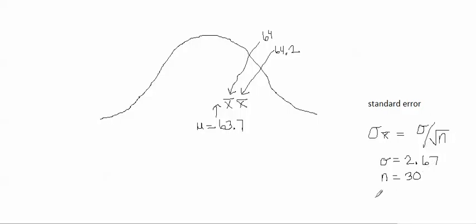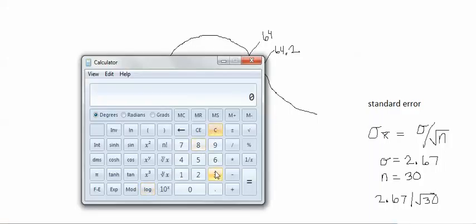So it's 2.67 over the square root of 30. First, we need to find out what the square root of 30 is. It's about 5.48 rounded.